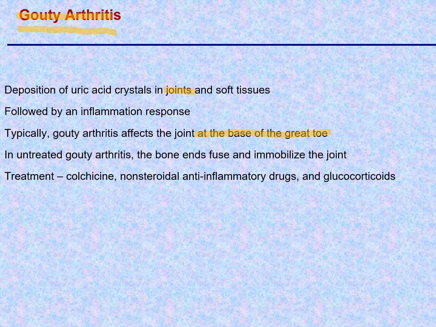If untreated, the ends of the bones fuse and immobilize the joint. It can be very, very painful, but it is quite treatable with non-steroidal anti-inflammatory drugs or glucocorticoids. Colchicine is used quite effectively as a treatment. It's an inflammatory process that can come and go throughout a person's life, actually.